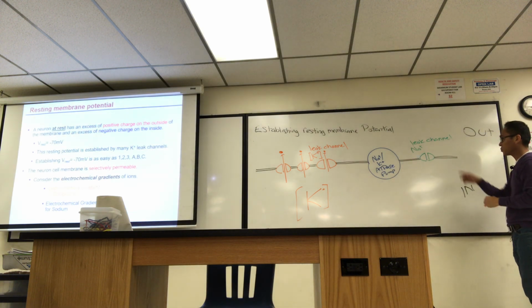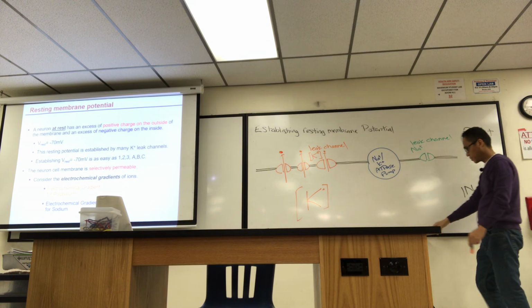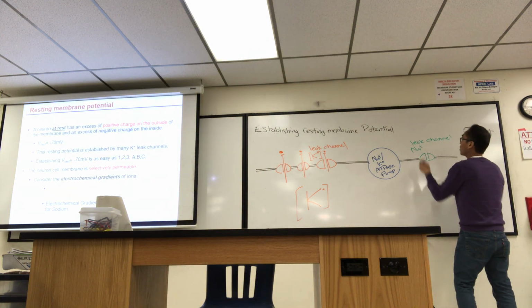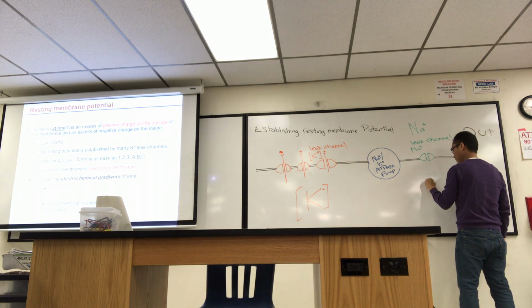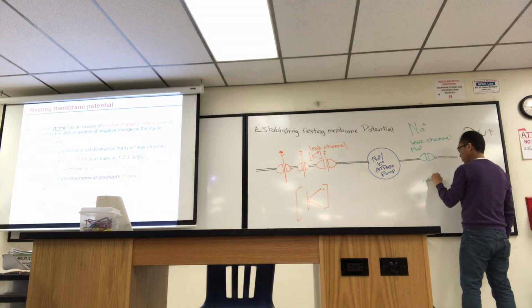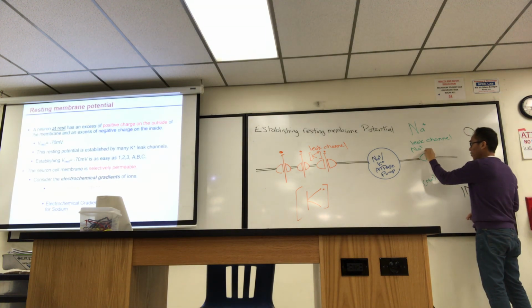And we said the opposite was true here, right? There's more sodium on the outside, and sodium tends to leak in. There's far less sodium on the inside. So there's fewer leak channels, but it tends to leak in. That's kind of what I said there.